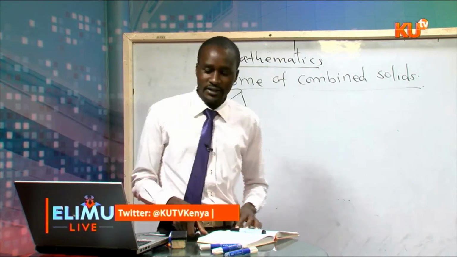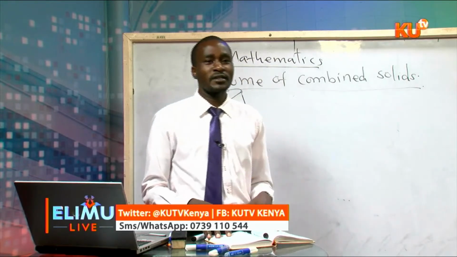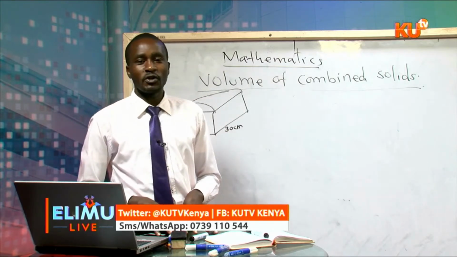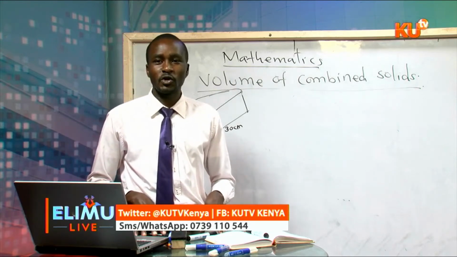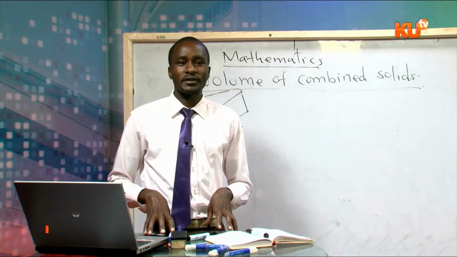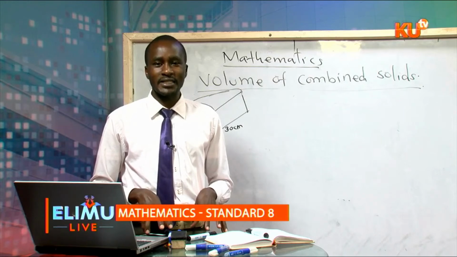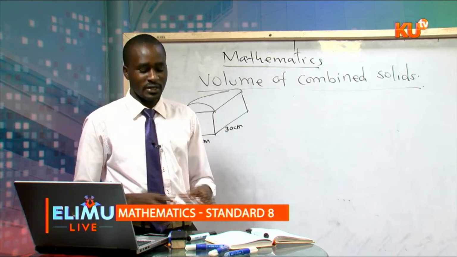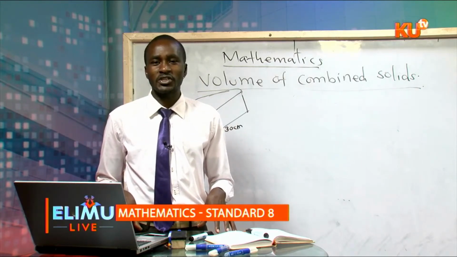Now how do I get the volume of such a figure? The first thing you do, find the volume of the lower figure, which is a cuboid. How do I get the volume of a cuboid? Volume of a cuboid is length times width times height. Then volume of half a cylinder, taking it from a cylinder, volume of a cylinder is pi r squared times h.